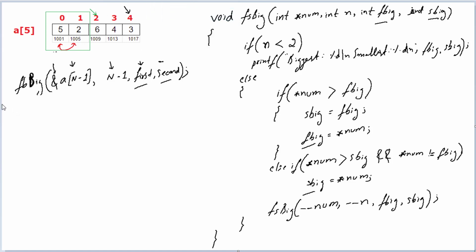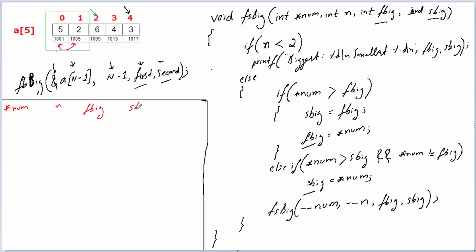So this is not f b big, it must have been f s big. So now let's trace the values of star num, n, f big and s big. So please observe the changes in these values carefully here.